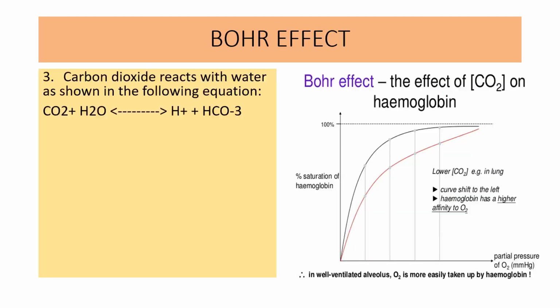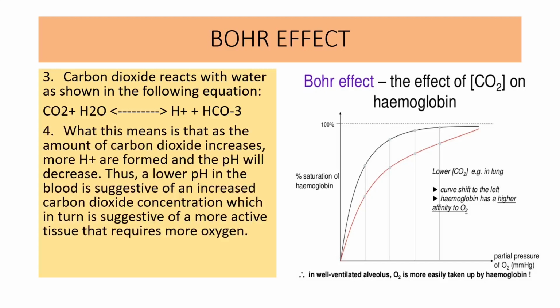So carbon dioxide reacts with water to form H2CO3, which breaks down to form hydrogen ion and bicarbonate ion. What this means is that as the amount of carbon dioxide increases, more H+ ions are formed and the pH will decrease.